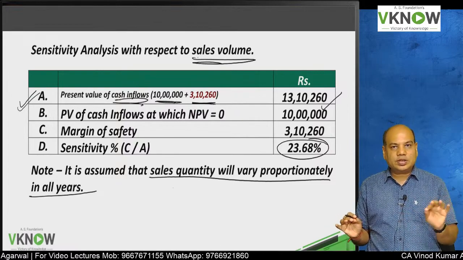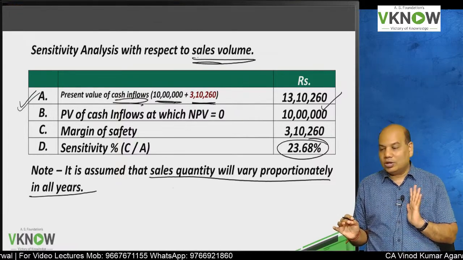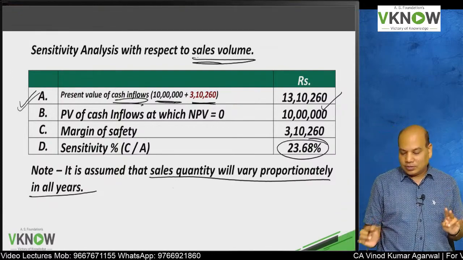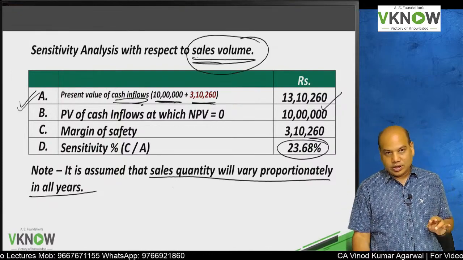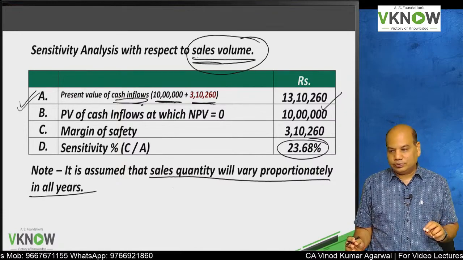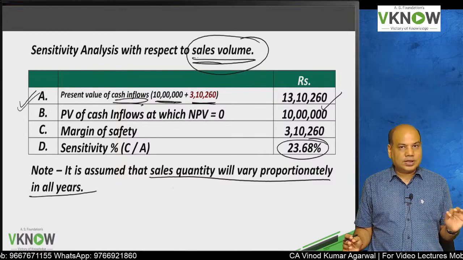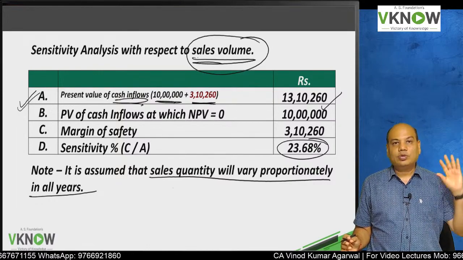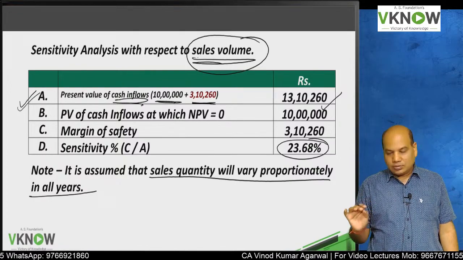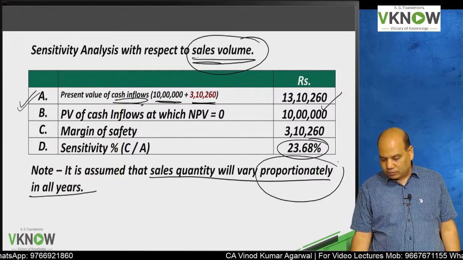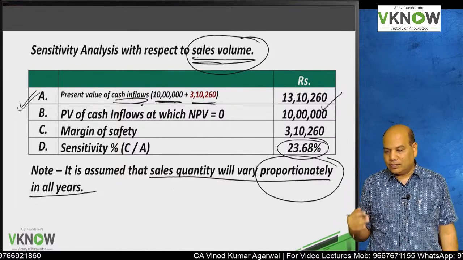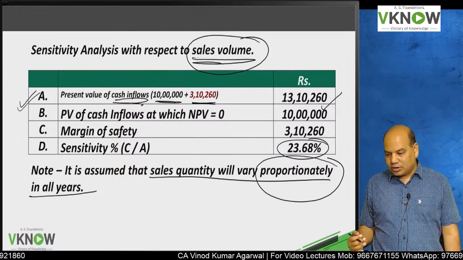By what percentage can sale of year 3 fall? In that case, if you want to test for individual years, then you will have to do it 3 times. But if I look at the institute answer given in your book, which is taken from the study material only, or the original suggested answer, they have taken proportionately only, assuming that sales of all the 3 years will change proportionately.